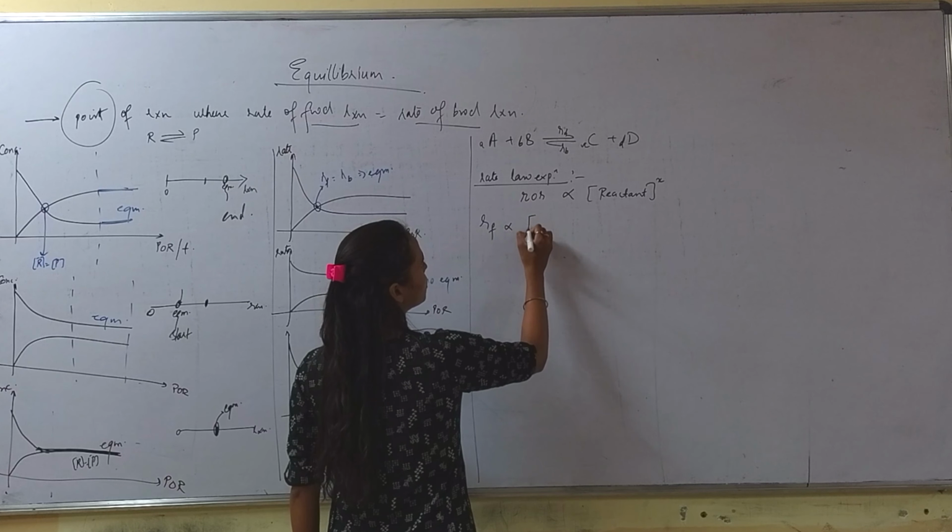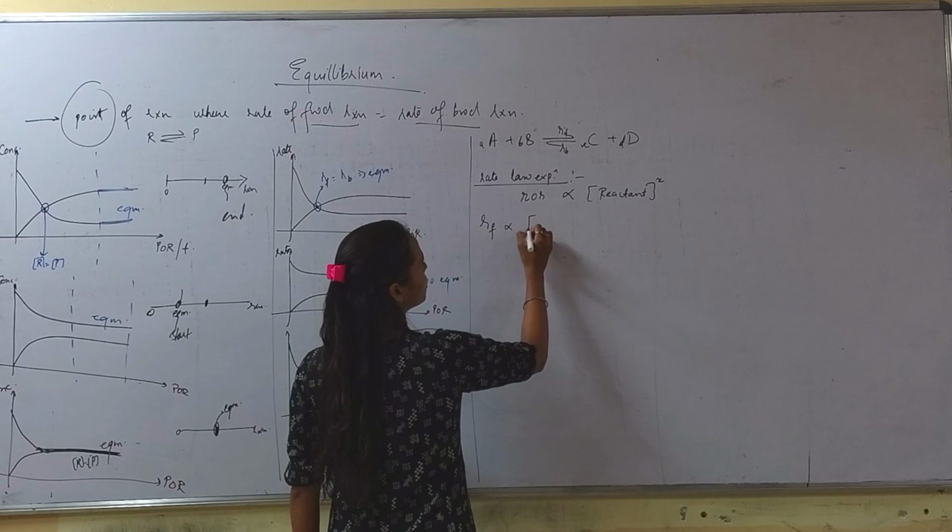That means product concentration upon the reactant concentration raised to the power of the stoichiometric coefficient. This is called the equilibrium constant. This is very important. This is called the equilibrium constant for concentration, because we are calculating with respect to concentrations.